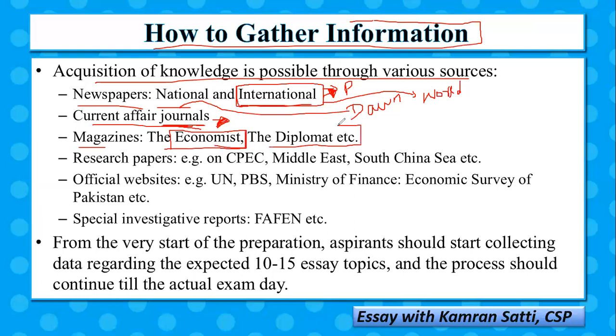It mostly writes about the issues of South Asia, Far East, Southeast Asia. So its specialty is writing about the political and economic developments in these areas. Okay, South Asia, East Asia, Southeast Asia.